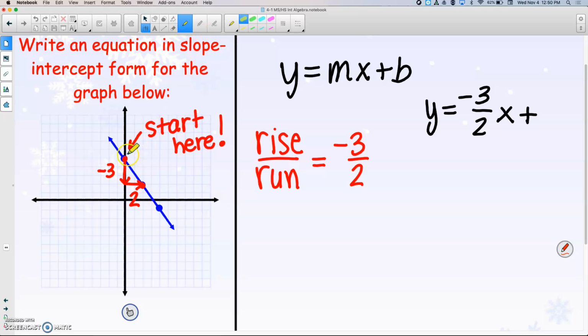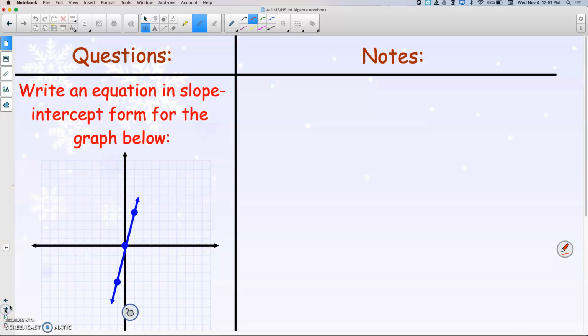So here's my highlighter. The y-intercept is right here. It's where your graph crosses the y-axis. So if I count from the origin, that point is up 1, 2, 3, 4, 5. So plus 5. So starting at the origin, the middle of the graph, the y-intercept is up 5, so +5.